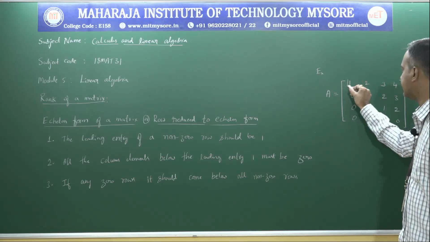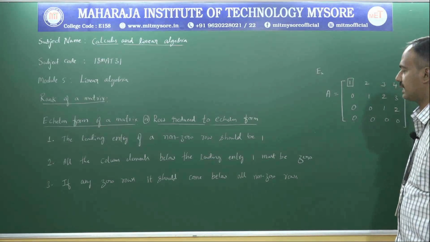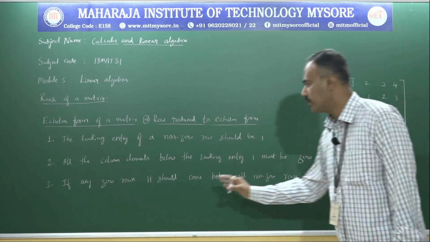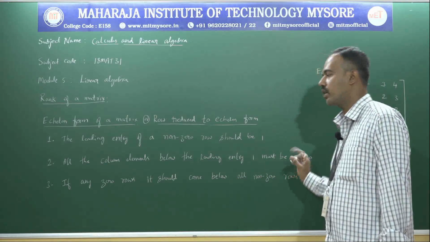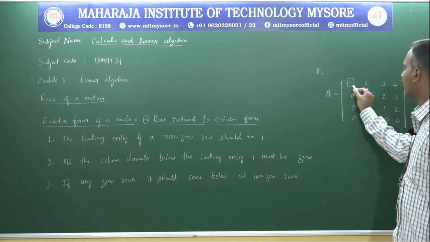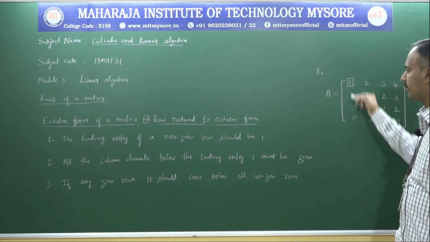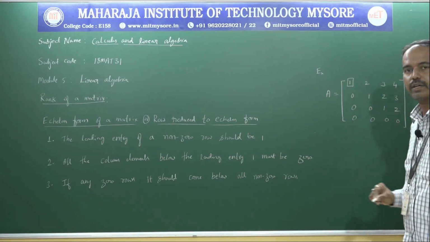Here, 1 is the leading entry. The next one: all the column elements below the leading entry 1 must be 0. Here, the elements below the leading entry are all 0.